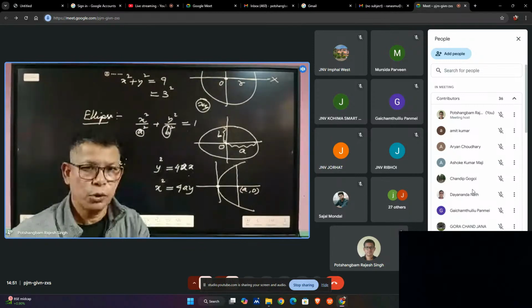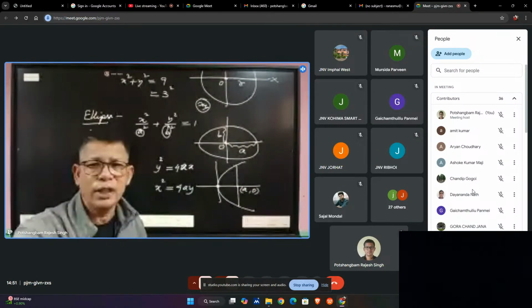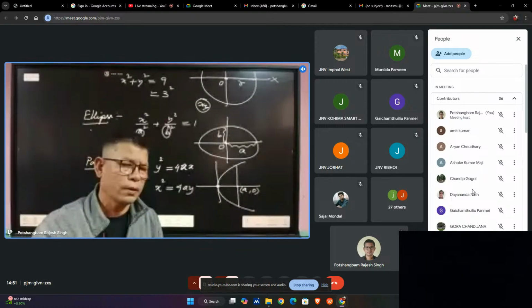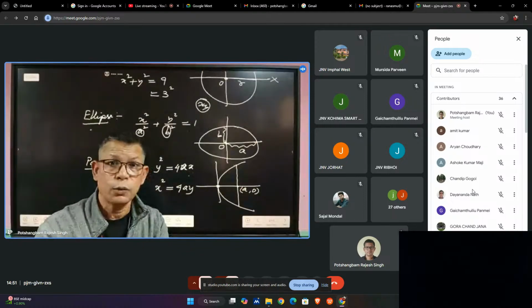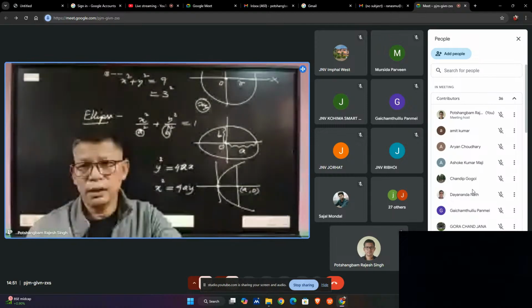If mentioned, no problem. If not mentioned, you must be able to identify it by seeing the equation given here. By observing and analyzing the equation, you are able to say what type of curve is given to you.